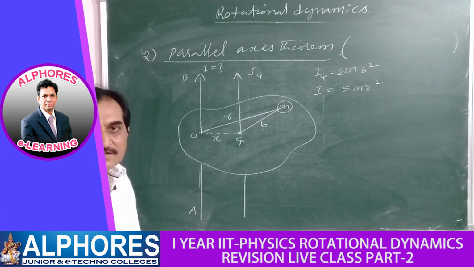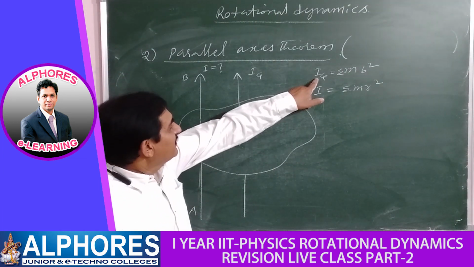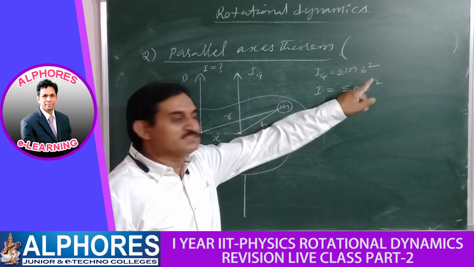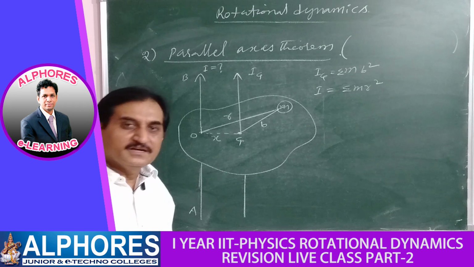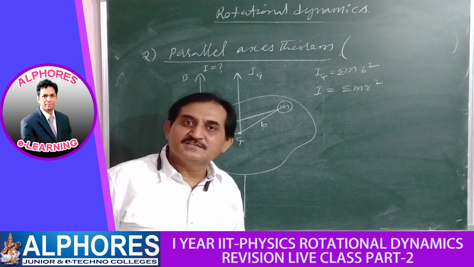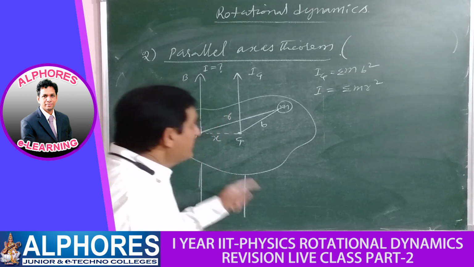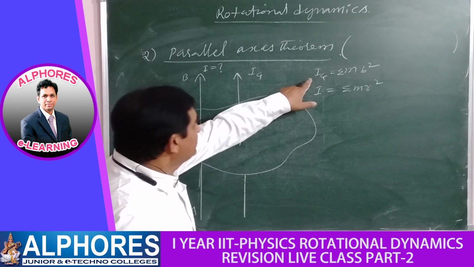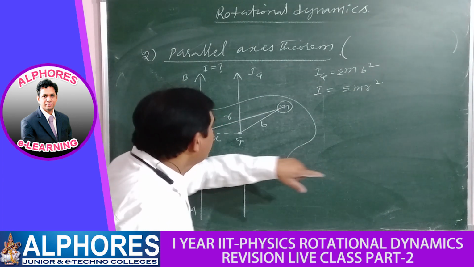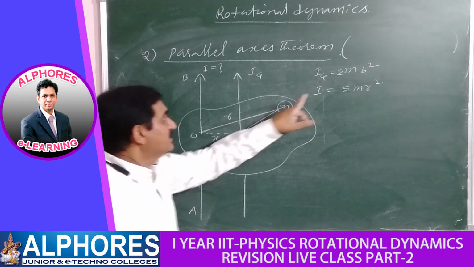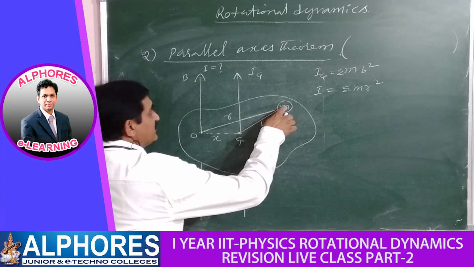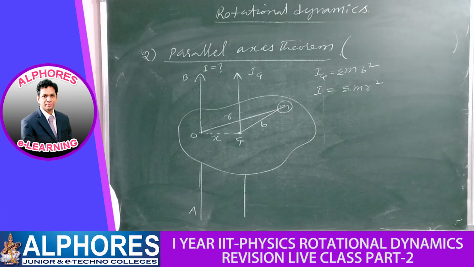In a similar manner, we took the basic formula Ig equal to summation m b square, and about this axis it is summation m r square, because r is the distance of this particle from the axis AB.